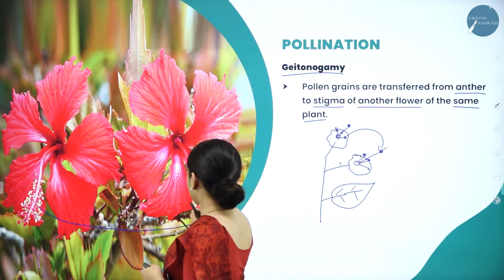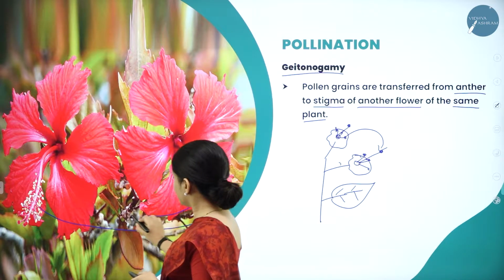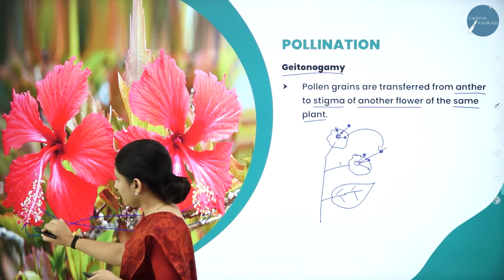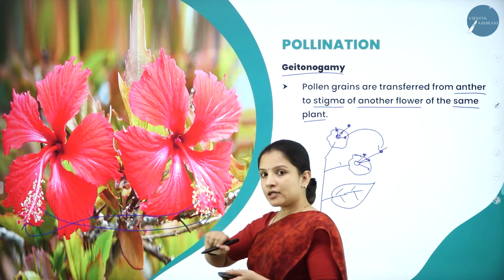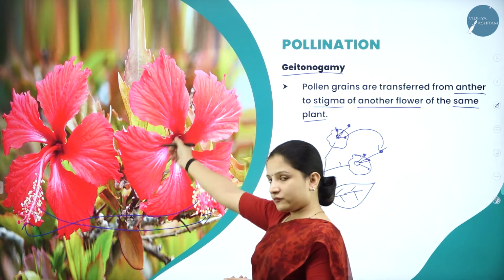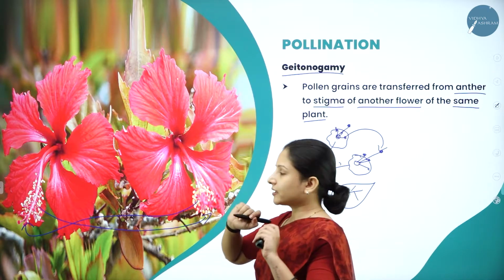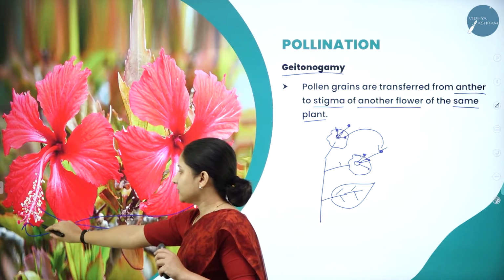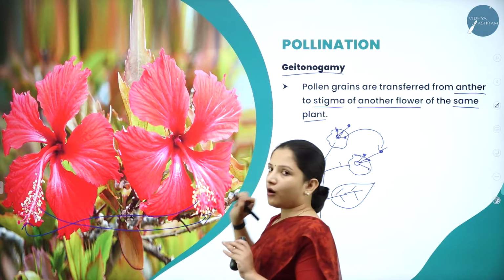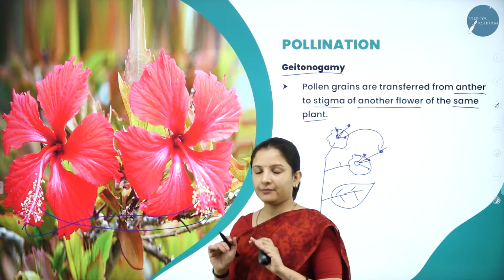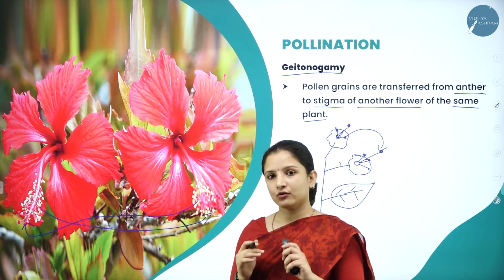In this particular plant, as you can see, you have one plant but two flowers. So if the pollen grains are carried from the anther to the stigma of another flower of the same plant, it is called Geitonogamy.